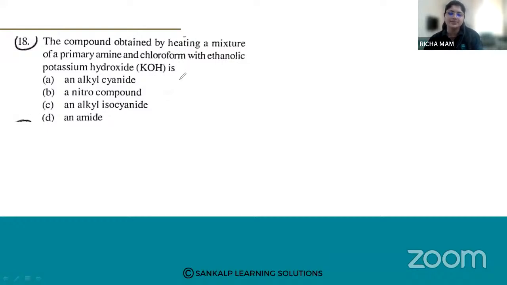Now here, the compound obtained by heating a mixture of primary amine. So let us take CH3CH2NH2. Ethylamine is a primary amine. I react it with chloroform in the presence of ethanolic KOH.